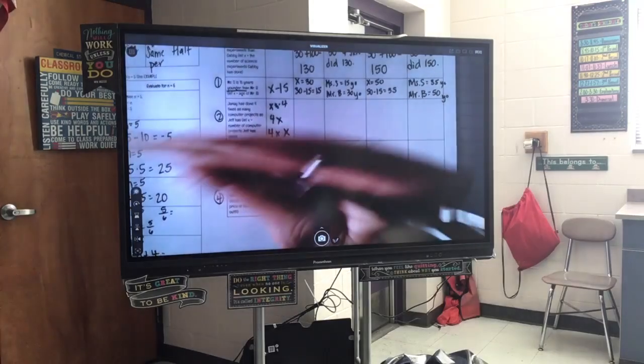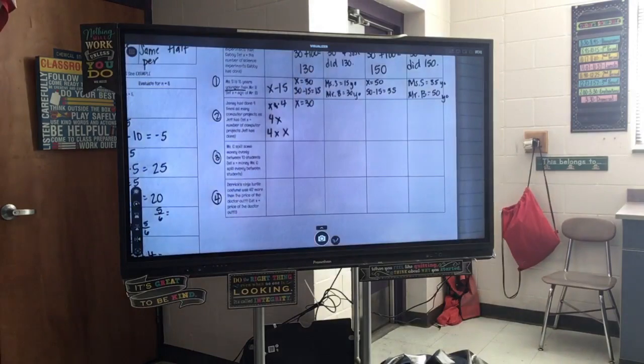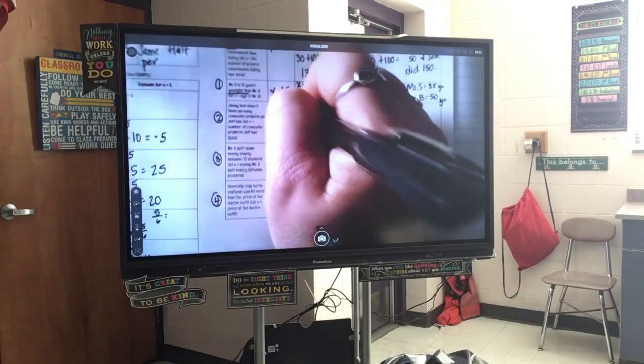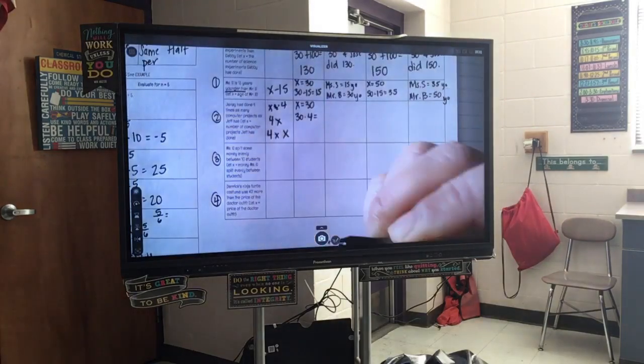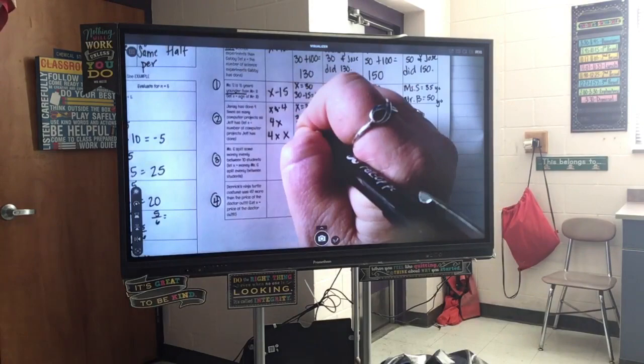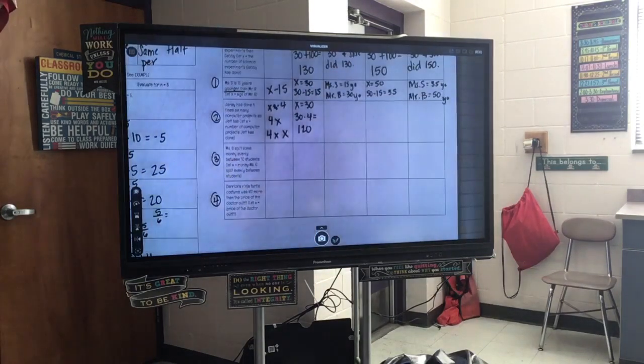All right, so Elisa, if x equals 30, what do we do? So 30 times 4 gives us what? Okay, 120. All right, so Elisa, what does that mean?